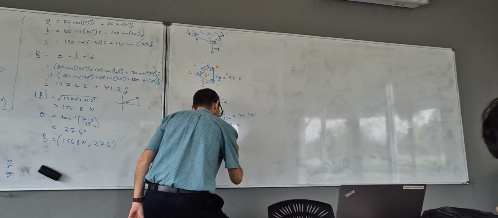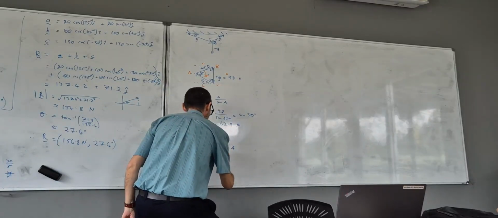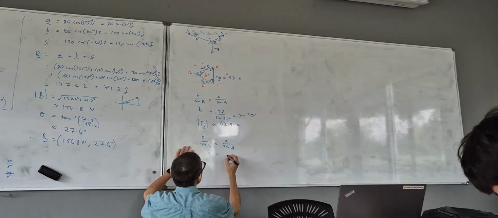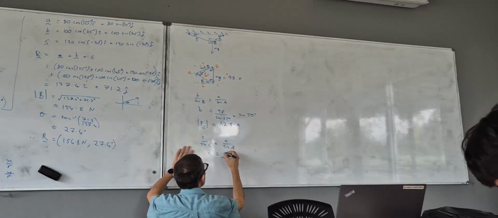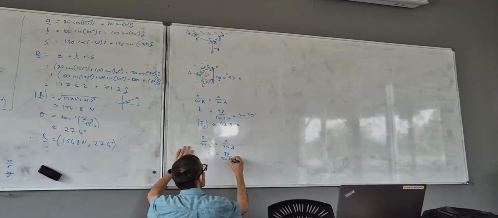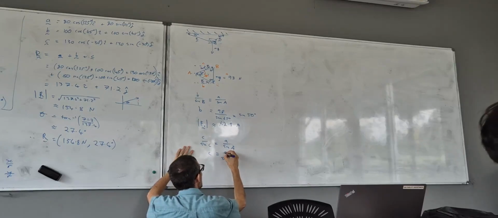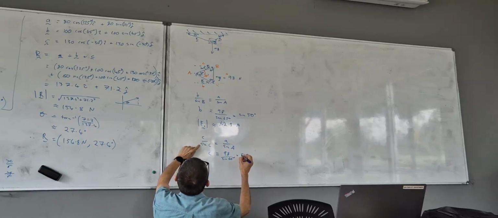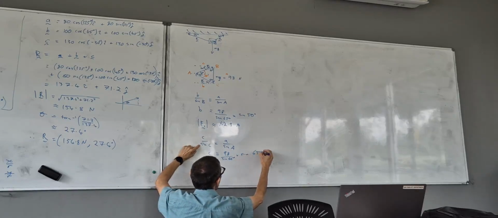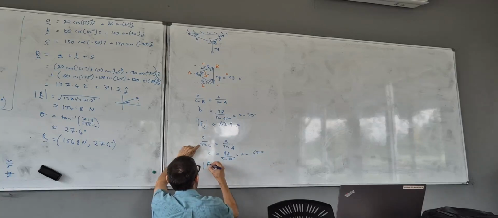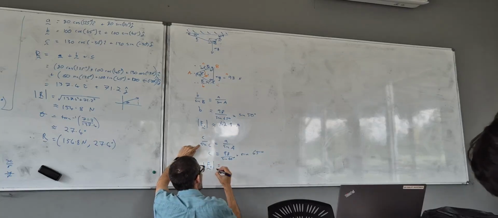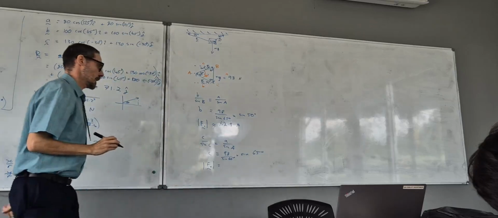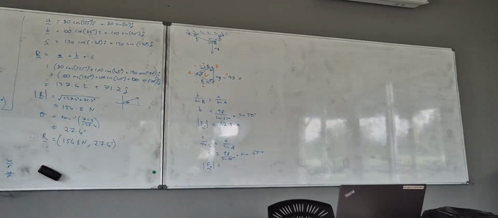A on sine A. So C is 98 on sine 65 degrees, times sine 65 degrees. That's the length of force 2. That's the magnitude of force 2.